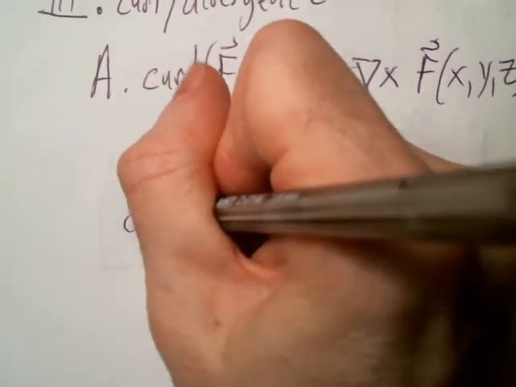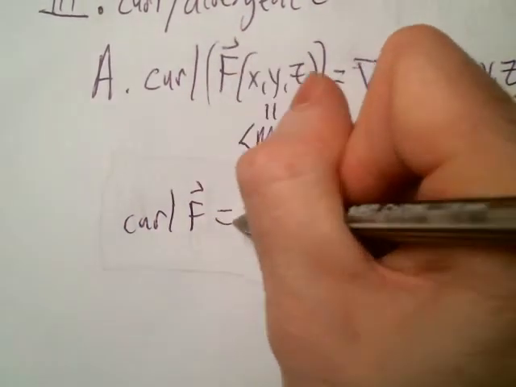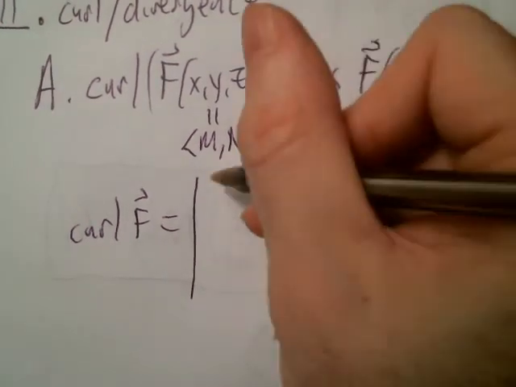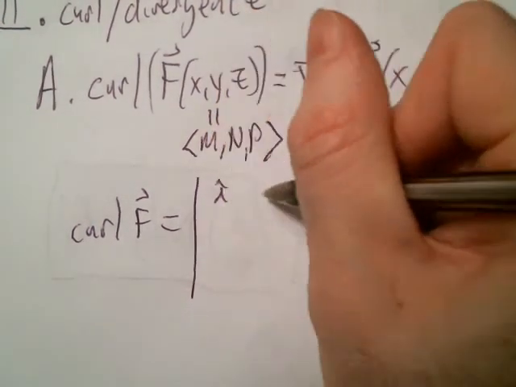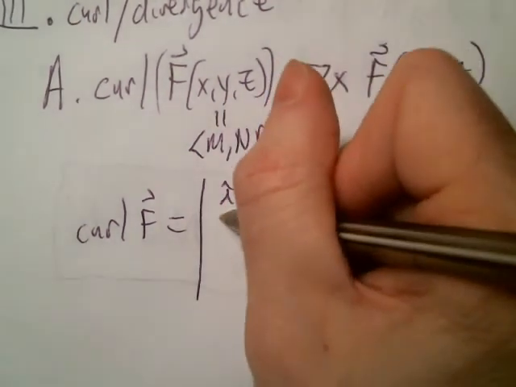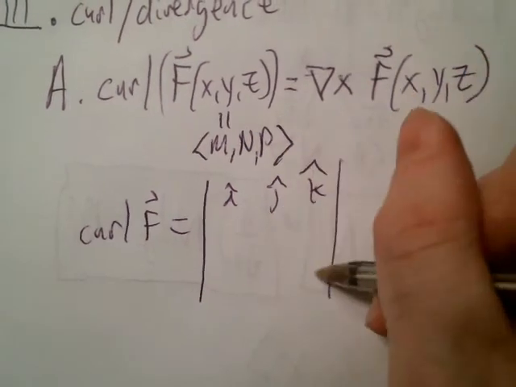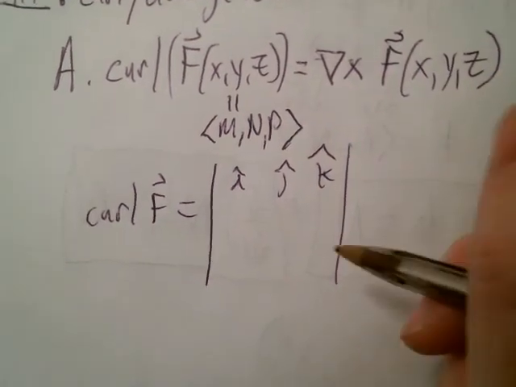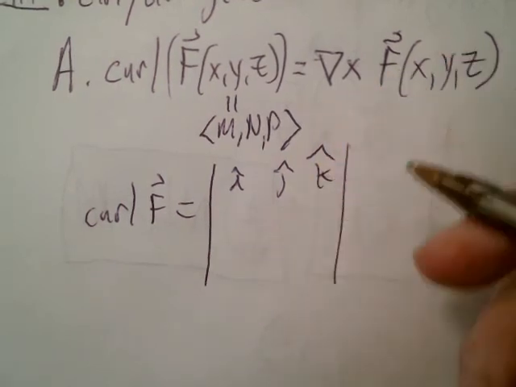The curl of f is going to be, you use a determinant to remind yourself how it works. So i, j, k, and what you're doing is taking partial derivatives in the same kind of motion that you would do your determinant for 3 by 3.